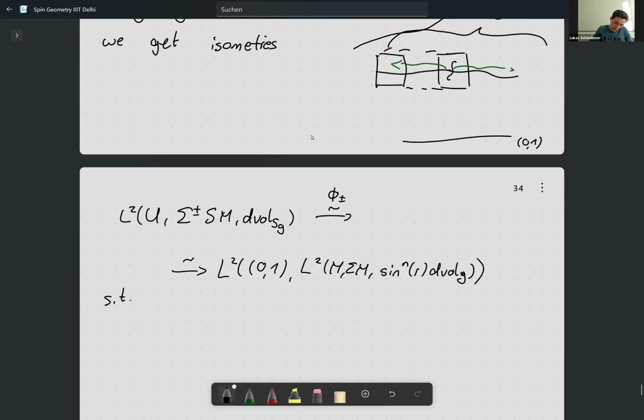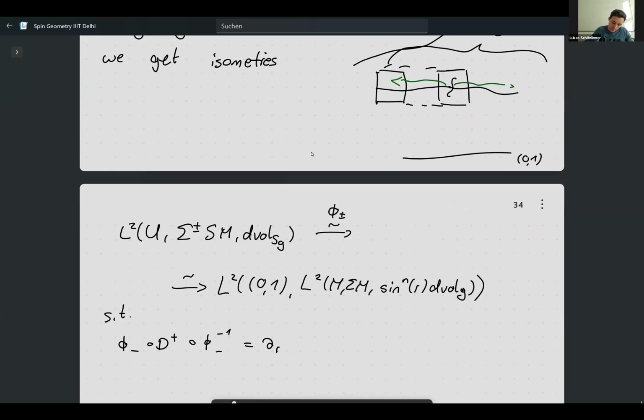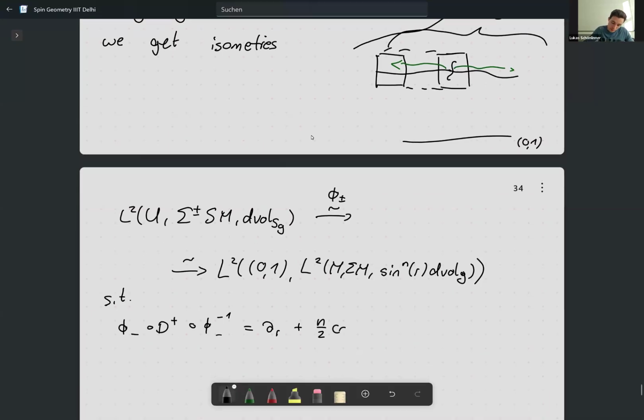And the Dirac operator using these isometries looks like, so you take the spinor connection and you split it into the r direction part and into the direction of the manifold M, and it splits into differentiation in r direction plus n half cotangent of r. So this is not arbitrary.